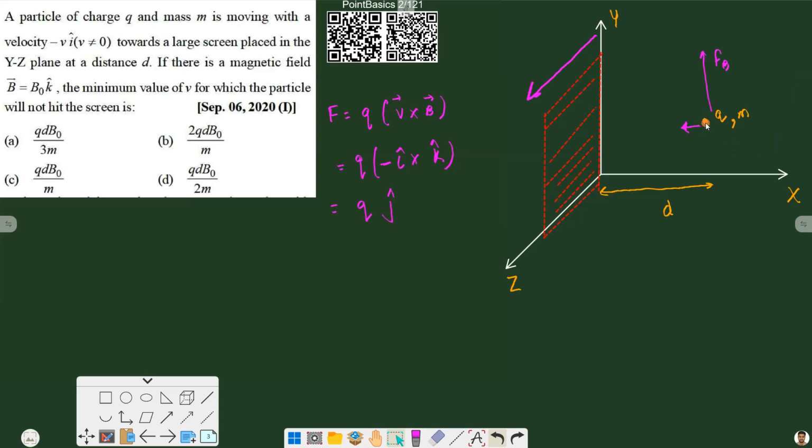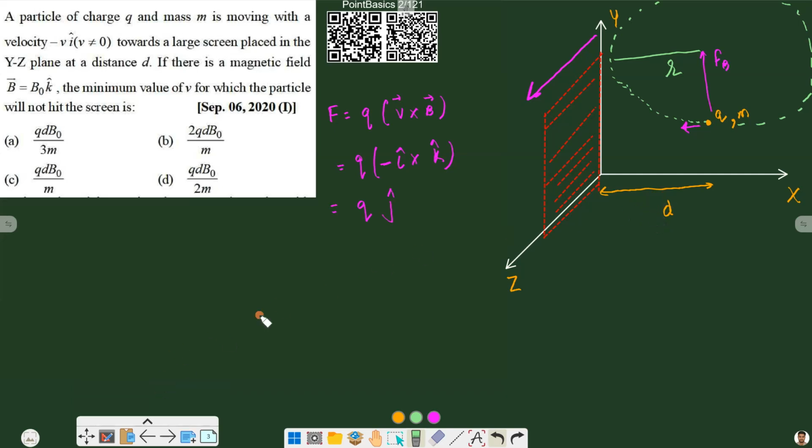Its path should look something like this. That is, its radius is either equal to this distance d or less than this distance d.